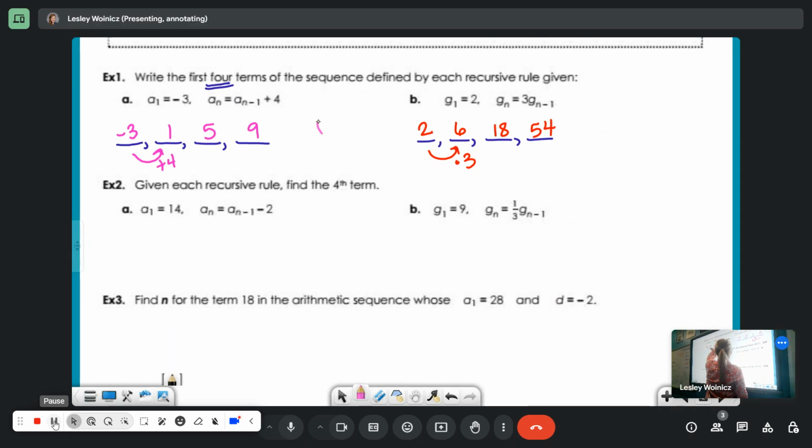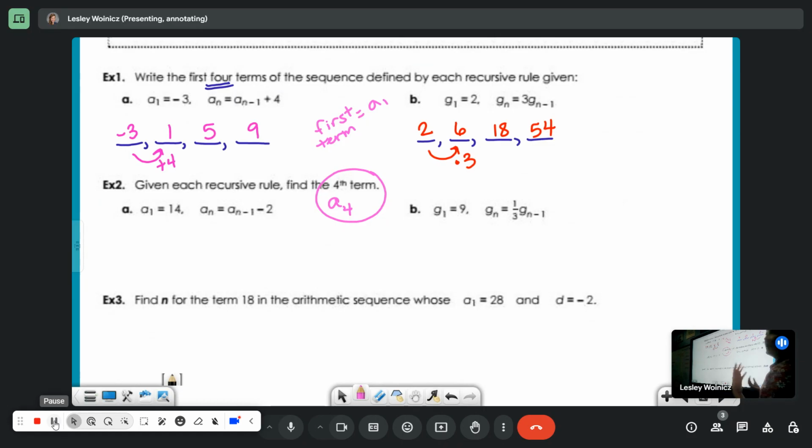Okay, guys, my first term is a sub 1, right? What do you think my fourth term would be called? A sub 4. Okay, so I need the other 3 with a recursive rule because each term is defined by the ones that came before it.